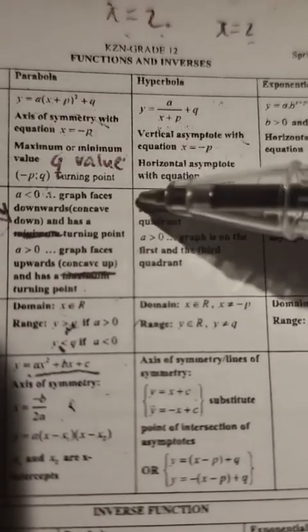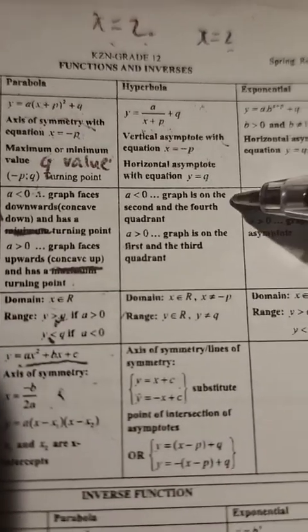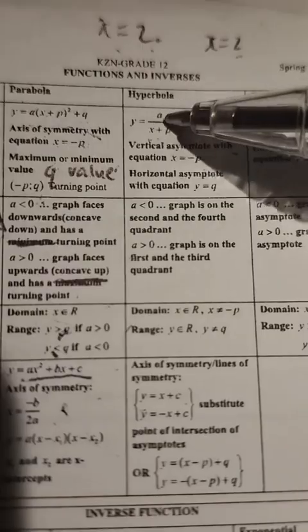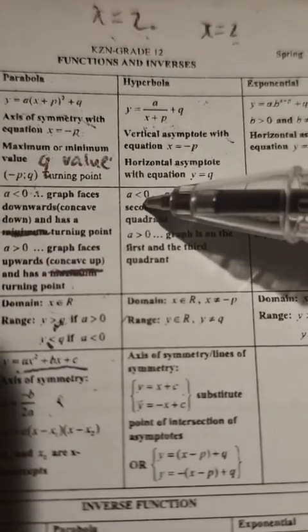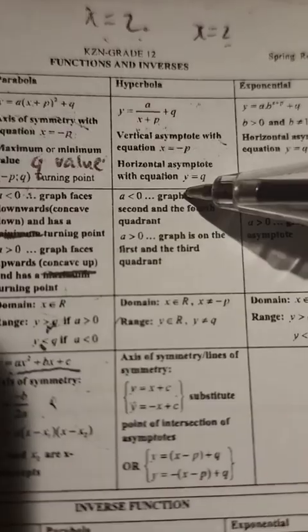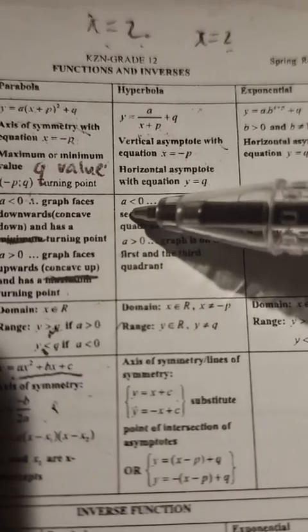Okay, then let's move on to this window. This a here at the numerator, if this a value is less than 0, we say that the graph will be found on the second and the fourth quadrant.